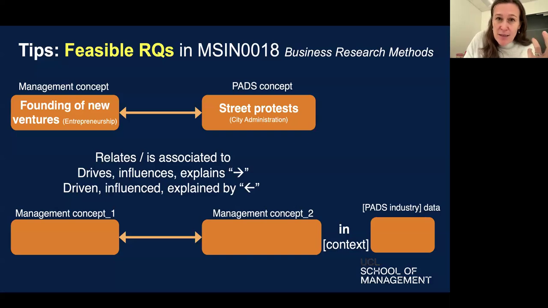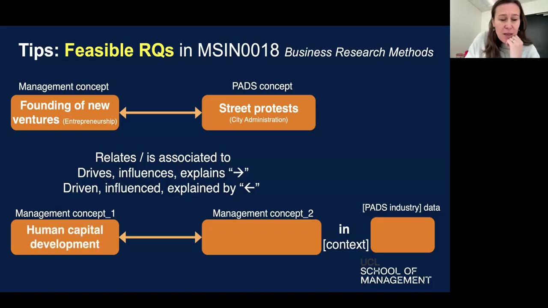Another example, the other recipe and how it can be implemented, could be with two management concepts, management concept one and management concept two, as at the bottom of this video. But then specifying that you're doing this in the context of some data that fits within the domain of PADS, public administration, defense, and security, or if the topic would be something else, data that relates to the natural environment or data that relates to creative industries, creatives, could be other domains that this class will intersect with management.